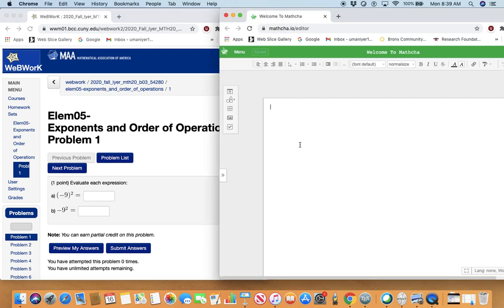So mind you, what this says is parenthesis negative 9 power 2. That means the parenthesis has to repeat. Inside the parenthesis is negative 9. I hope it's clear.